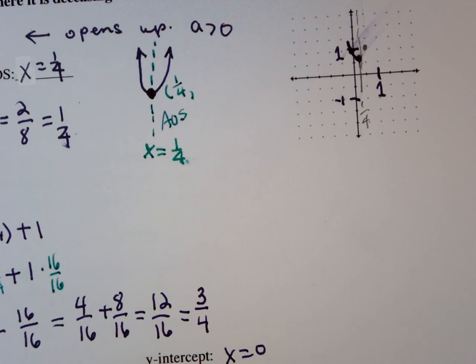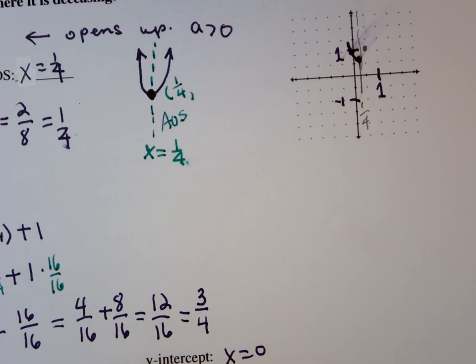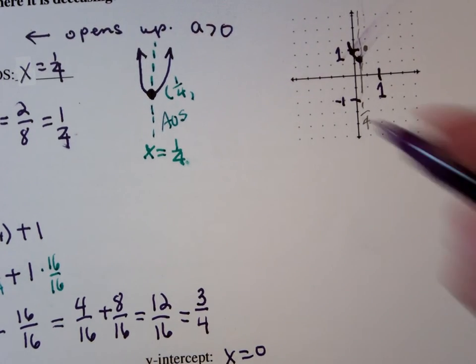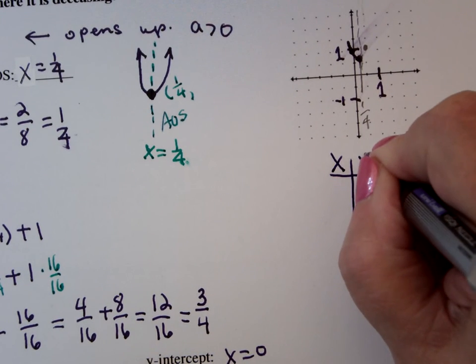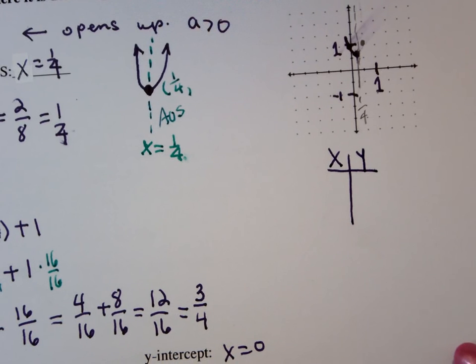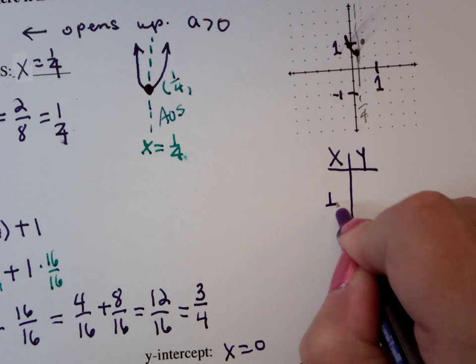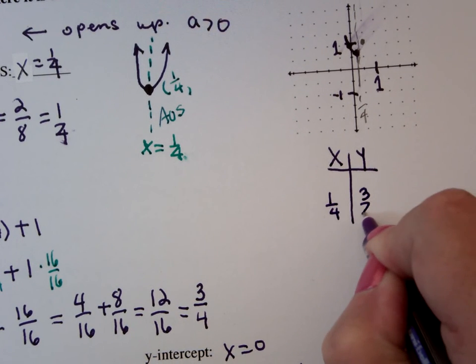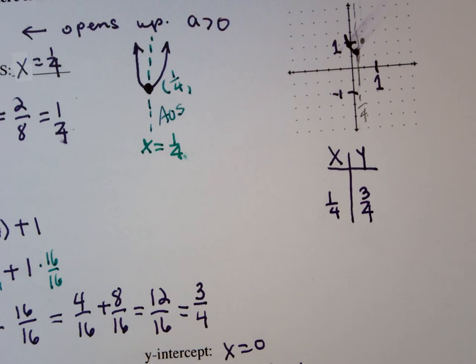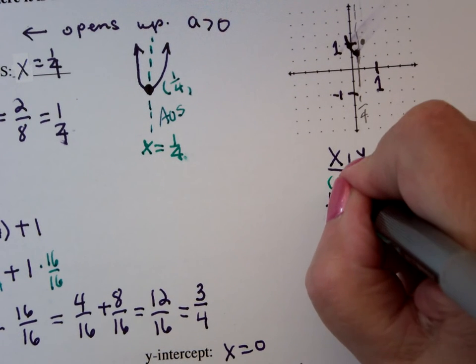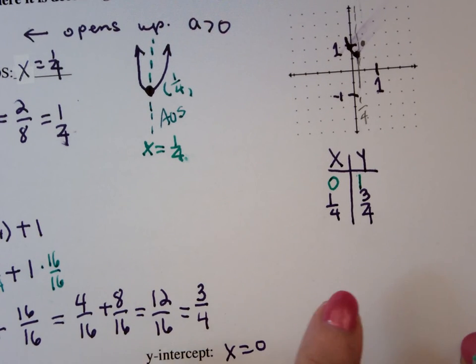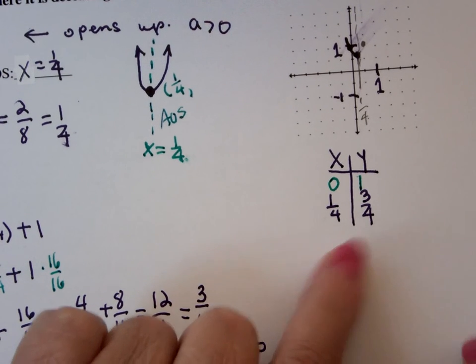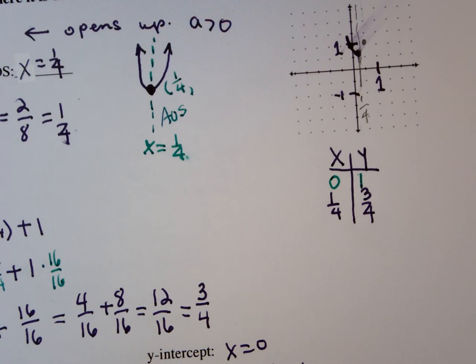Now, I don't know about you. There are days that I'm not brilliant, and when I'm not brilliant, what I do is a T-bar chart, and I put the vertex in the middle. I have a point to the left of the vertex. If I want to get the parabola in, I need a point to the right of the vertex.